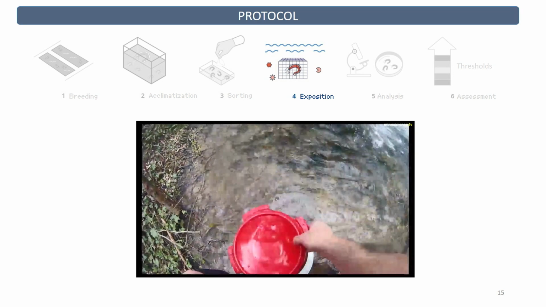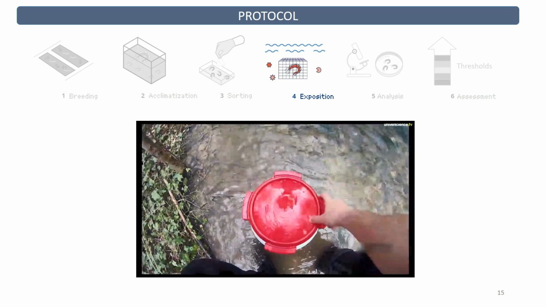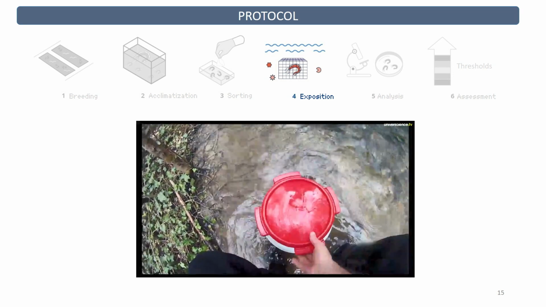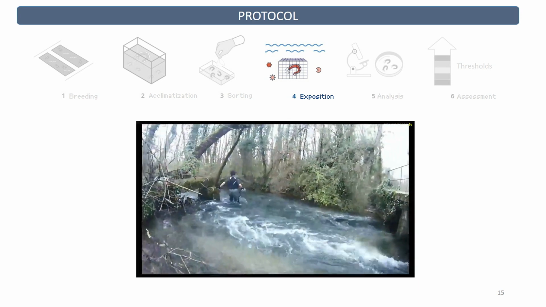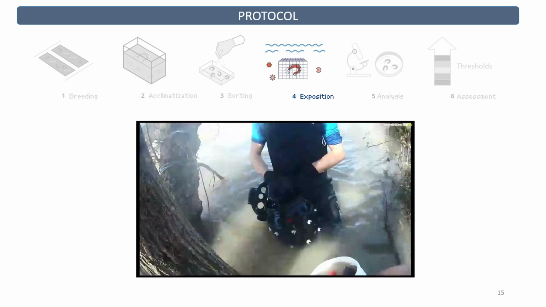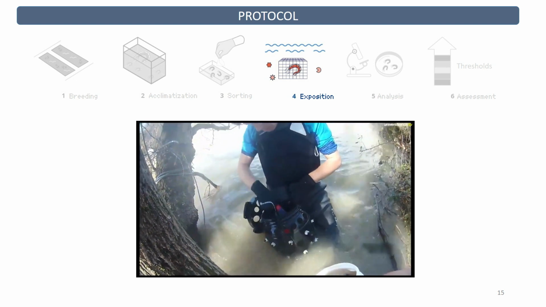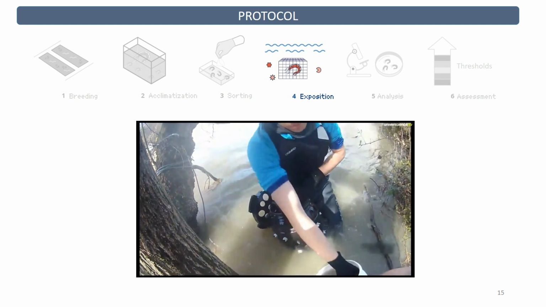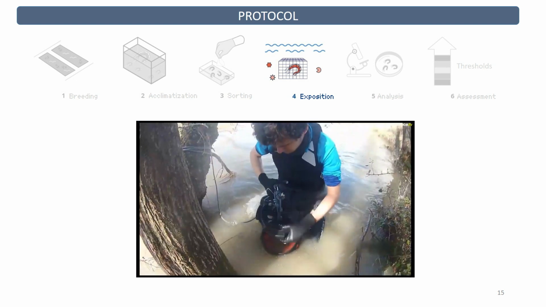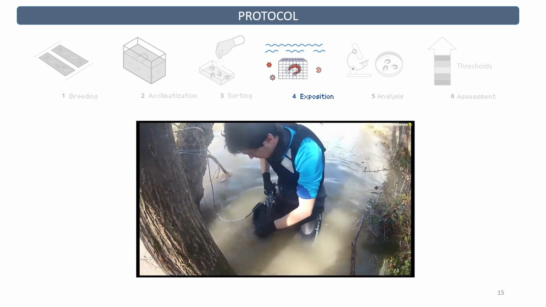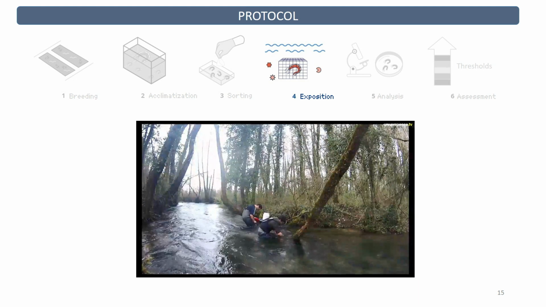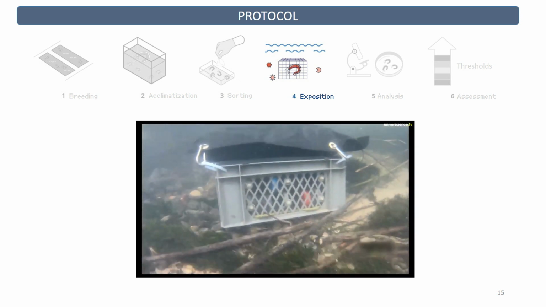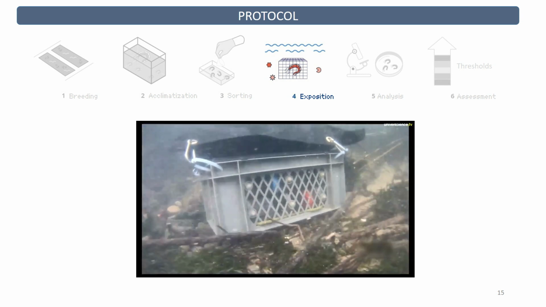and the organisms are exposed for 21 days continuously in the river. So you can see we put the cage in exposure systems. And after, organisms were exposed in a realistic condition for 3 weeks.